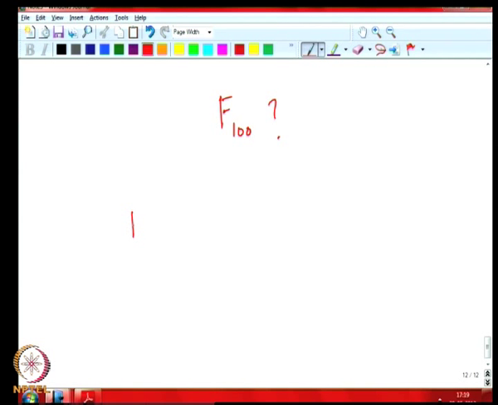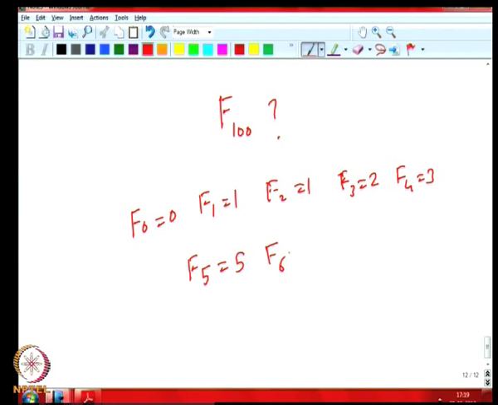We start with F0 equal to 0, F1 equal to 1, so F2 is equal to 1, F3 equal to 2, F4 equal to 3, F5 equal to 5, F6 equal to 8, and like that we can keep on writing till 100 by always adding the previous two numbers. But it will take a long time. So rather we would like a closed form expression for computing Fn.